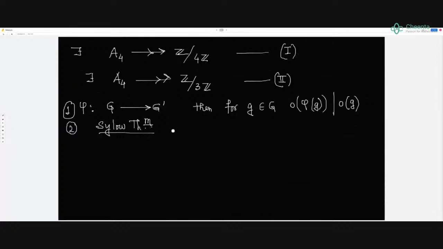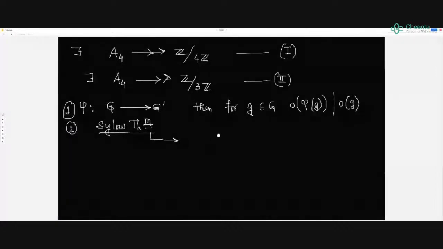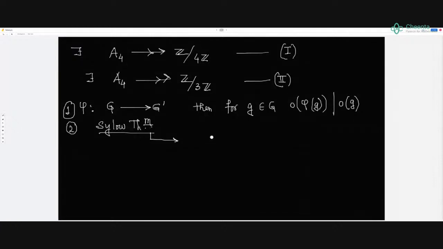Especially this corollary to Sylow's theorem says that a subgroup of order n is normal if and only if it is unique in that group. Like, there is only one subgroup of that order. If that happens, then only it is a normal subgroup.